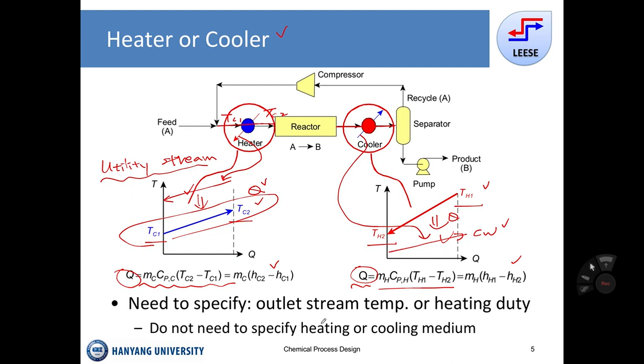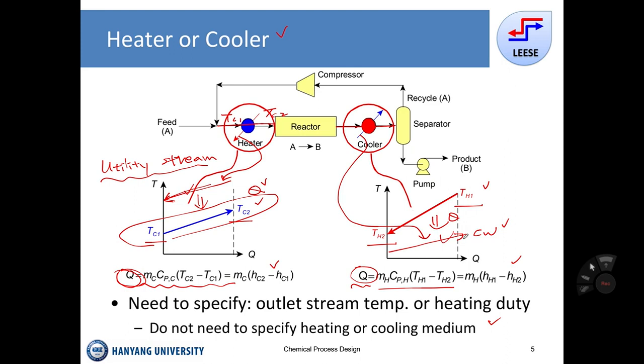So we don't need to specify heating or cooling medium. We just specify, based on the energy balance for the process stream, the duty Q. Steam may not be available, then I may use flue gas directly rather than steam.